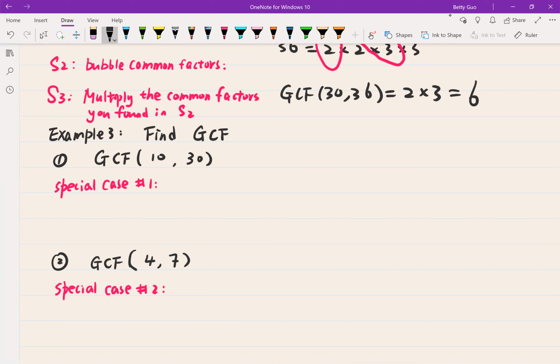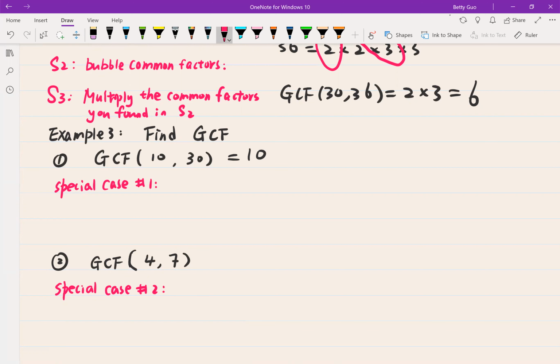For 10 and 30, you can pause here and try to apply the 3-step procedure to find the GCF. And your answer is supposed to be 10. And this case actually is a special case. I name it special case number 1. What is special case number 1?